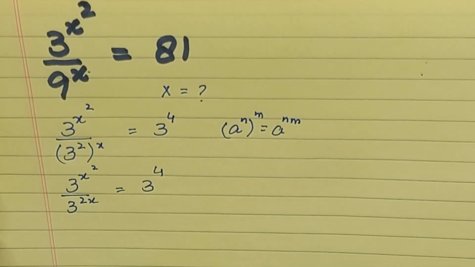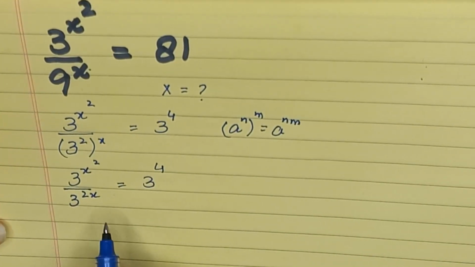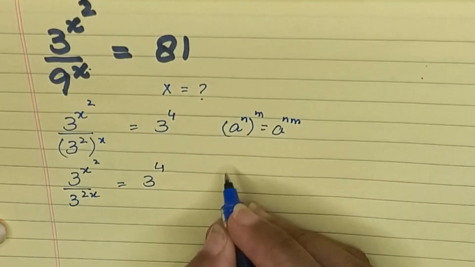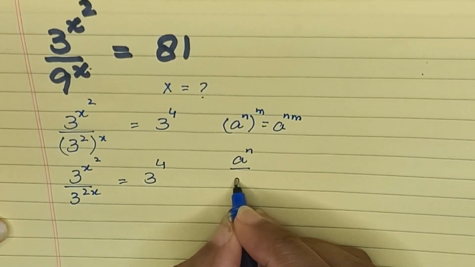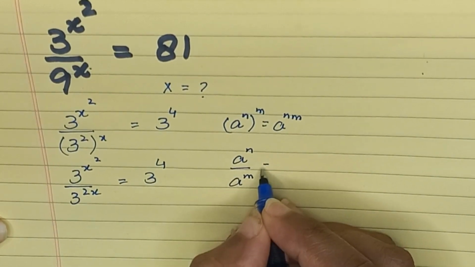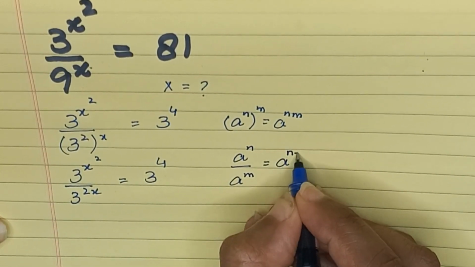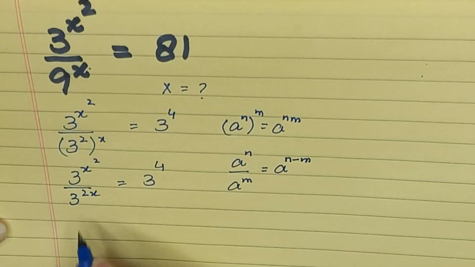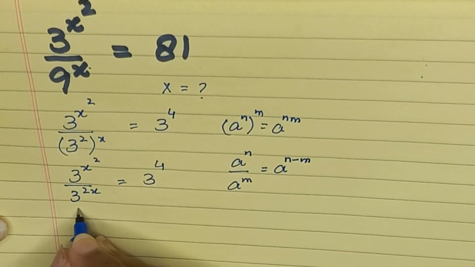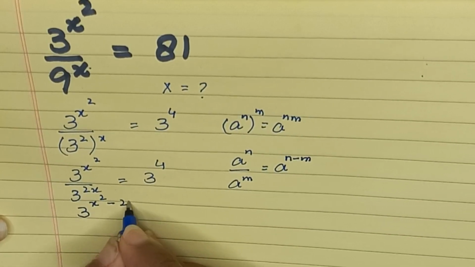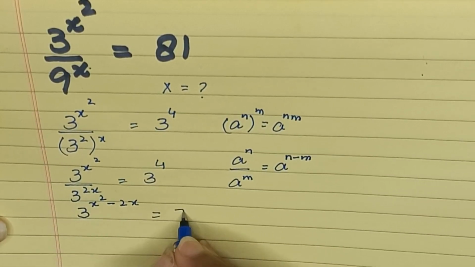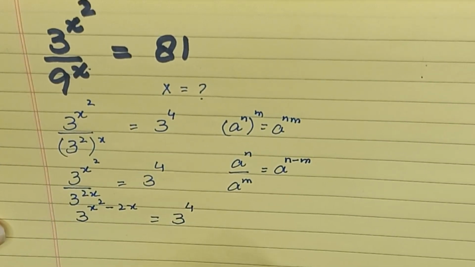From here, the bases are the same, so we will apply a^n divided by a^m, which is equal to a^(n−m). So it can be written as 3 raised to the power x² − 2x, which is equal to 3 raised to the power 4.